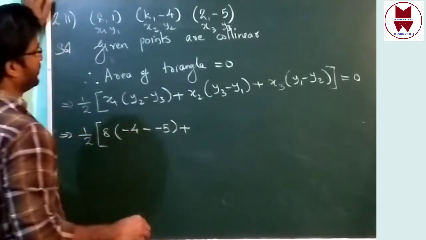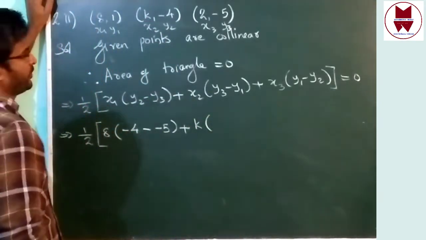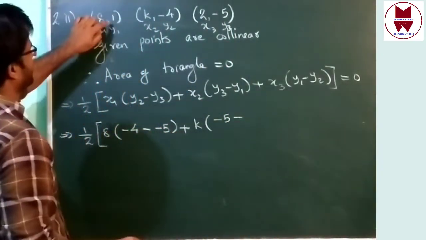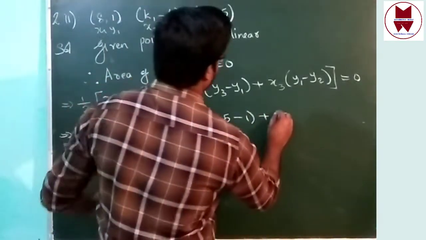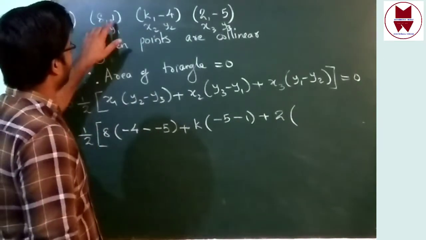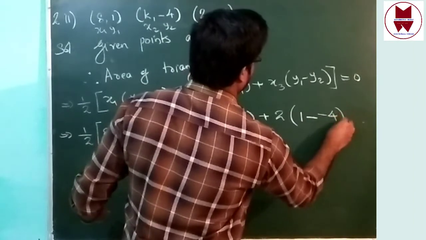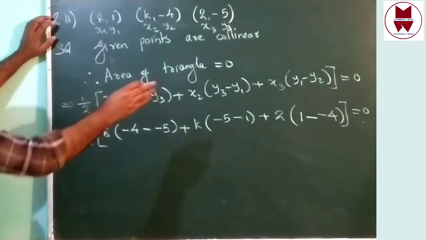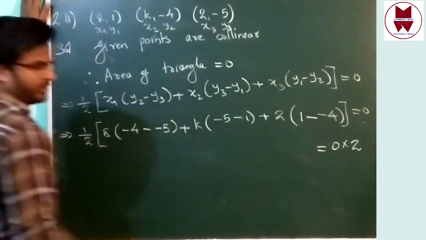Plus x2, x2 is k. y3 minus y1, y3 is minus 5, then minus y1 is 1. x3 is 2. y1 minus y2, y1 is 1, minus y2 is minus 4. This 1 by 2 you can bring to right side. That will be 0 into 2. 1 by 2 becomes 0 into 2.